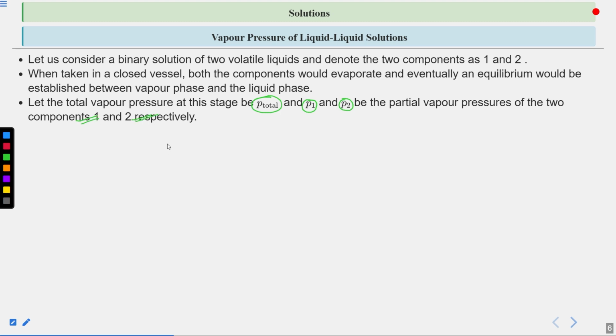You have to remember all the assumptions: you are taking a liquid-liquid solution, and both of the liquids are volatile in nature. Till now, we have considered three things: the total pressure above the liquid surface, the partial pressure of component 1, and the partial pressure of component 2.